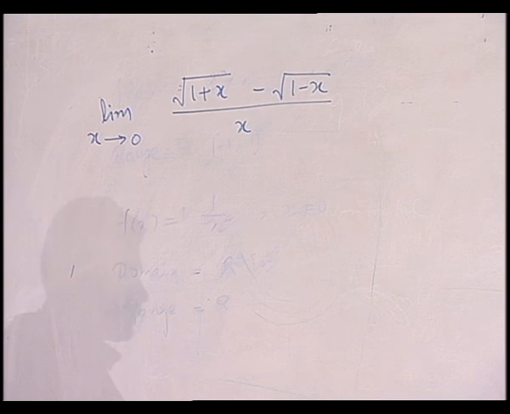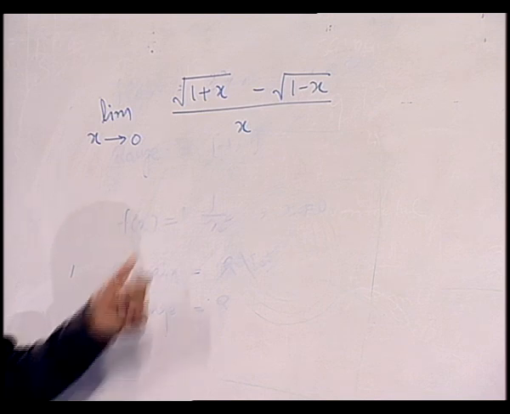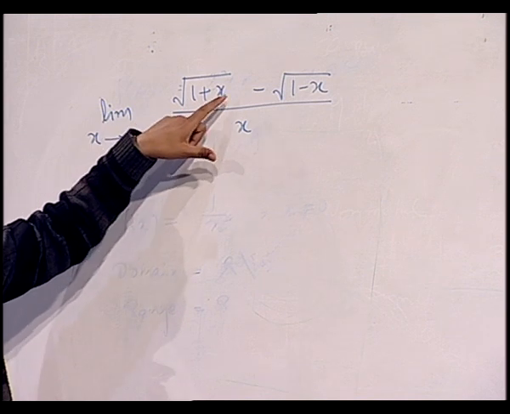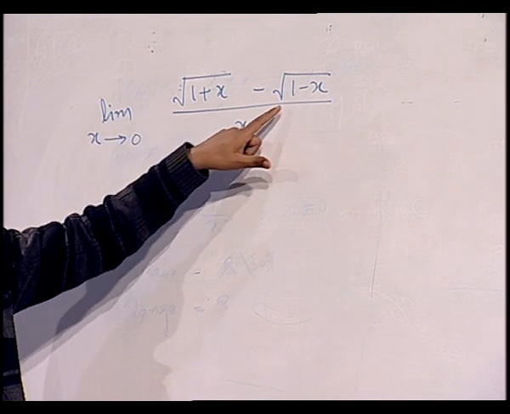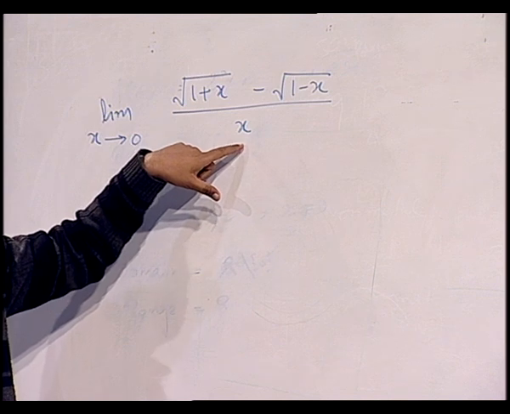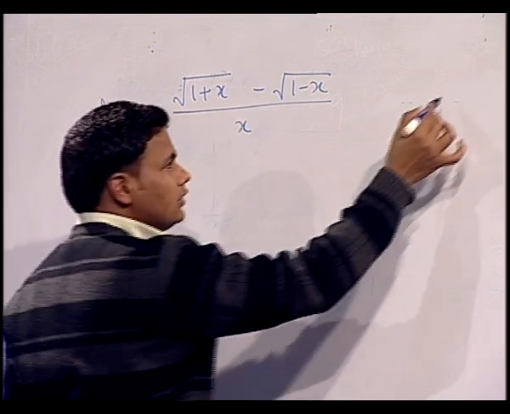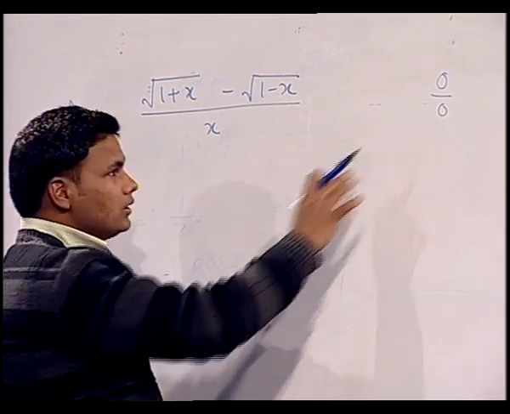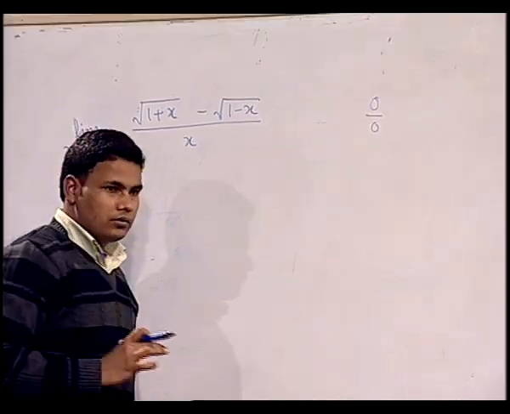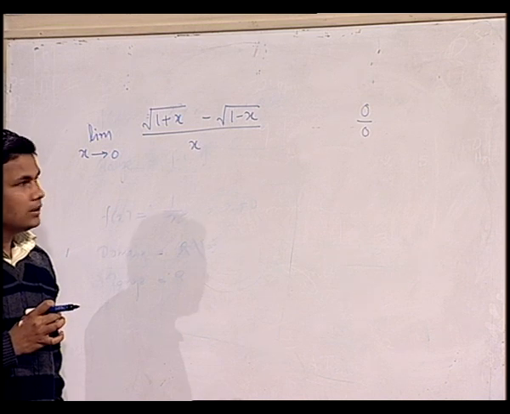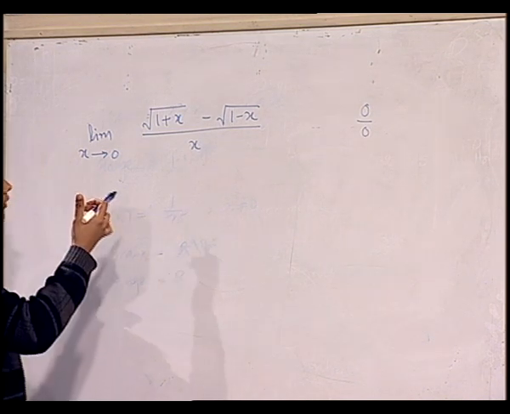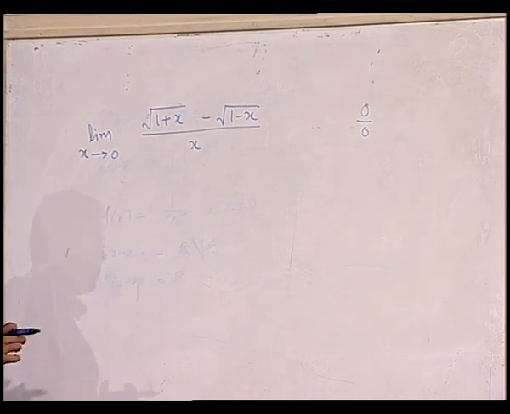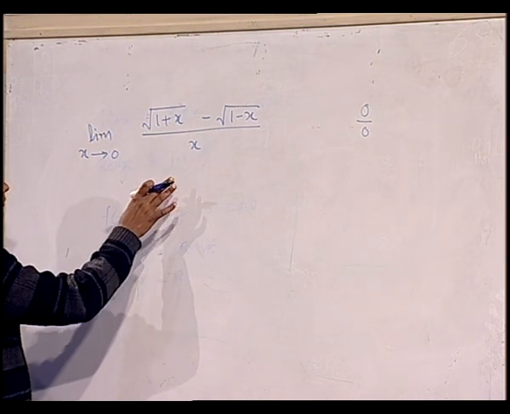If we substitute x equals to 0, here we get 1 minus 1 upon 0, that is 0 by 0. The value of 0 by 0 cannot be determined, so we try to reduce this expression into its simplest form.